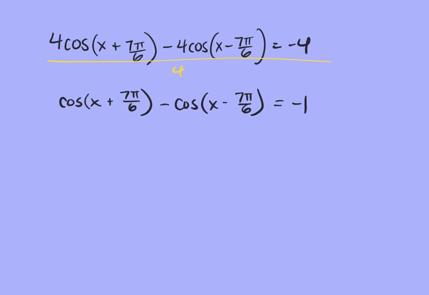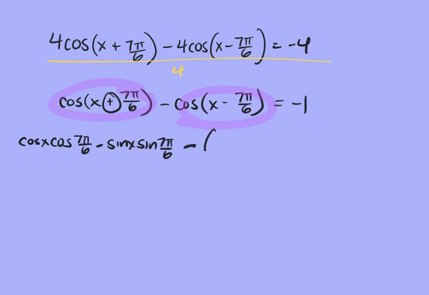Then these are each their own individual sum or difference expressions. So for cosine of x plus 7 pi over 6, I'm going to expand that. It's cosine, so it'd be cosine x cosine 7 pi over 6 minus, because we do the opposite sign, sine x sine 7 pi over 6.